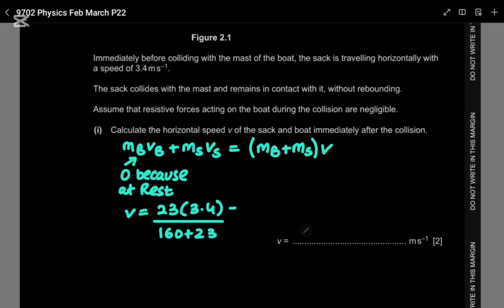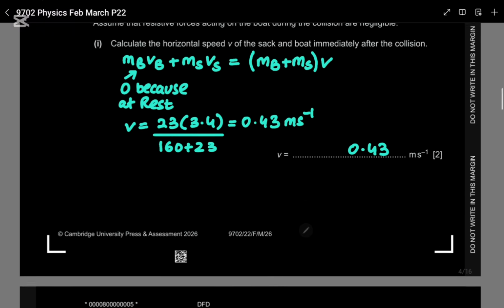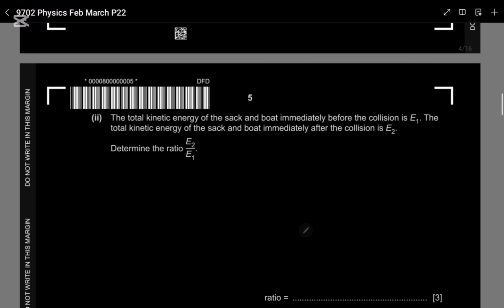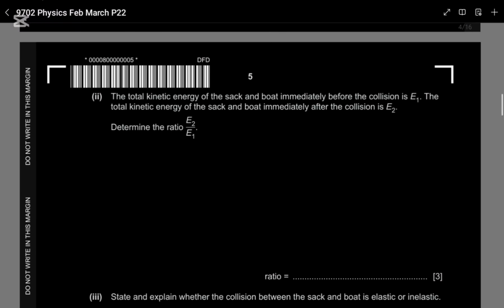This gives me an answer of 0.43 meters per second, okay, to two significant figures. Alright, next, the total kinetic energy of the sack and boat immediately after the collision is E1.